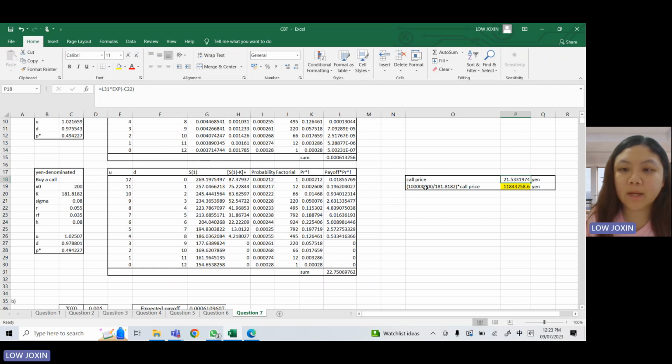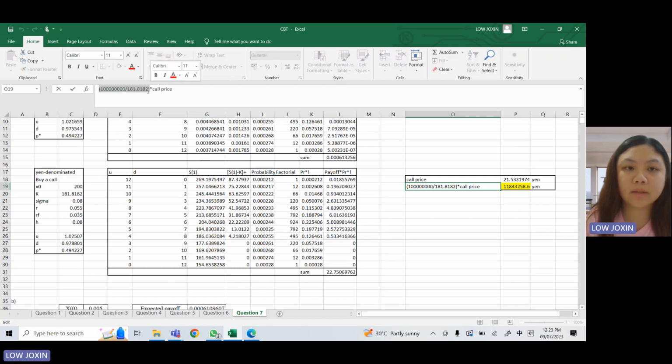And we will need to buy this much of the call because now we will have this much of yen at the end of 1 year. So we can use the yen. So for each call, we will need to pay a maximum of 181.8182 in order to exchange for a pound.